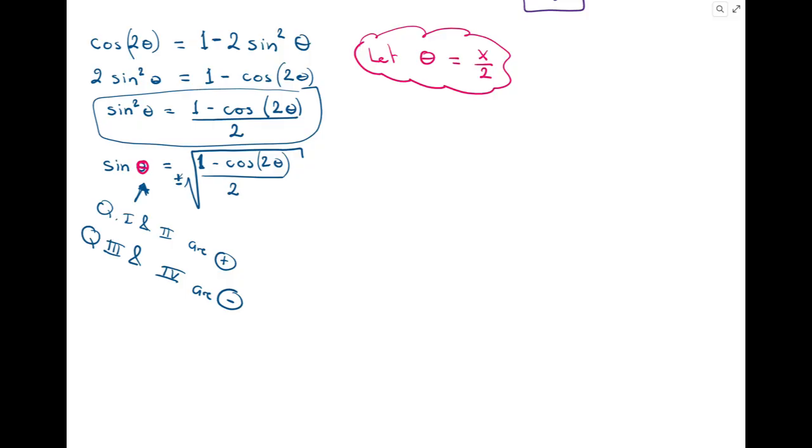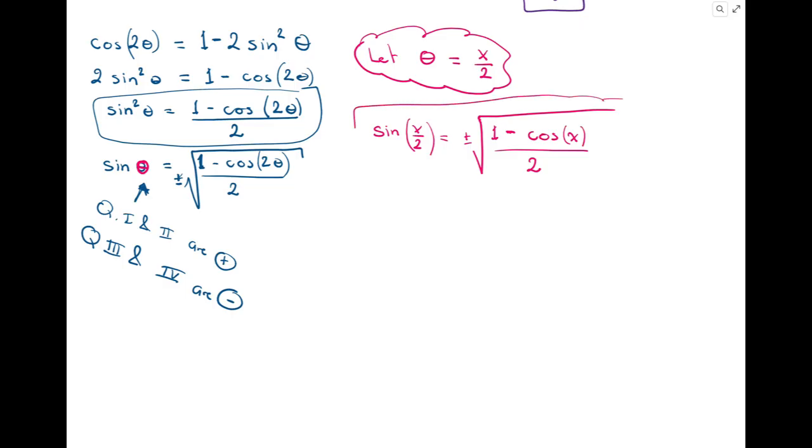So then I would have sine of x over 2 equals plus or minus the square root of 1 minus cosine 2 theta, but if theta is x over 2, 2 times x over 2 will just be x, over 2. And that is what we would use as a half angle. So if we had a half angle here, that's what we would use.